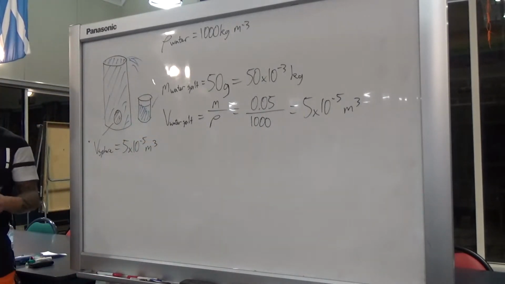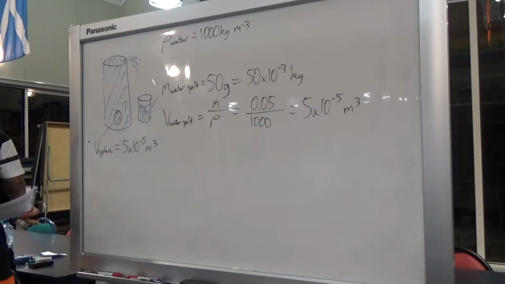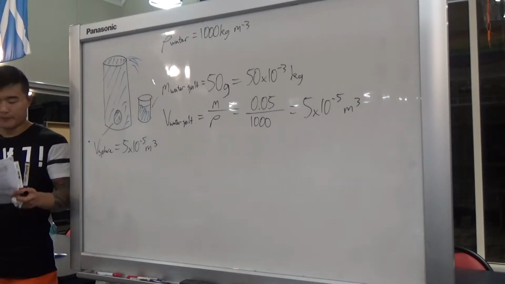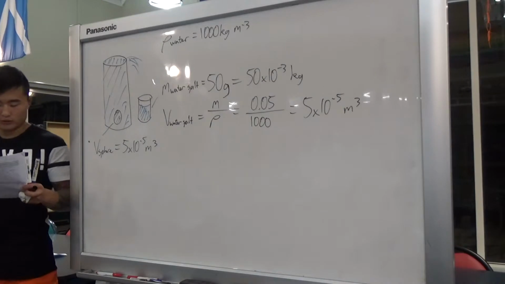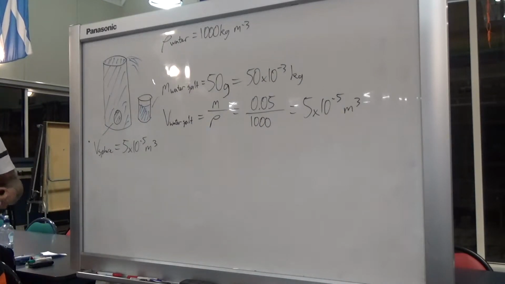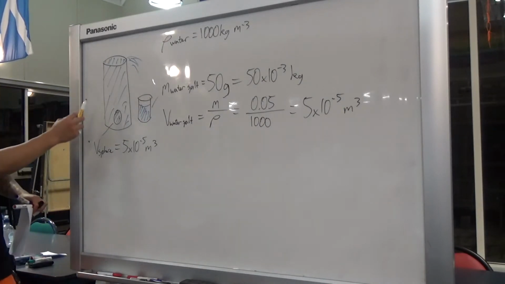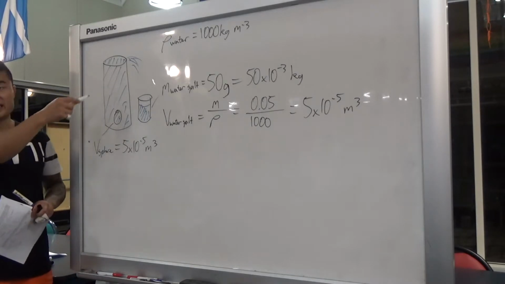Okay? So now we know the volume of the sphere. And what we then need to calculate is the mass of the sphere. So how much water is going to be in this beaker right now?